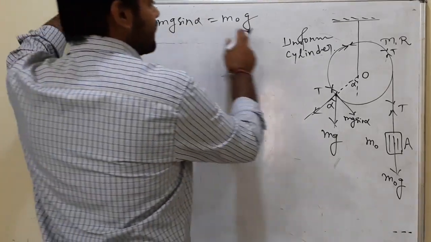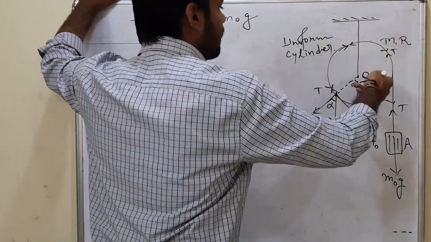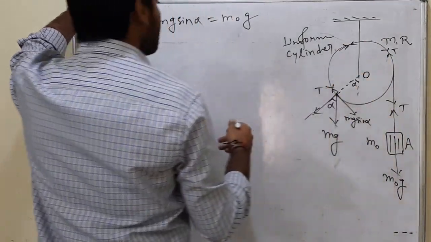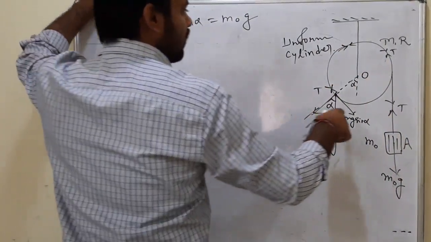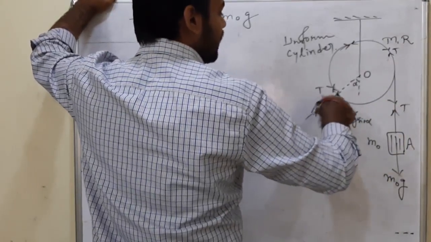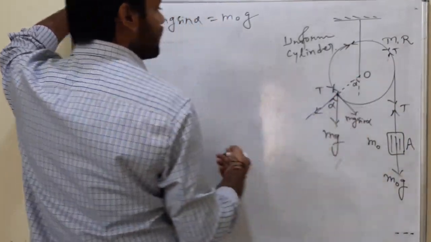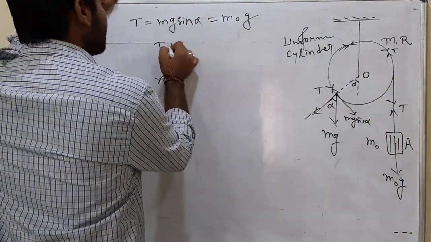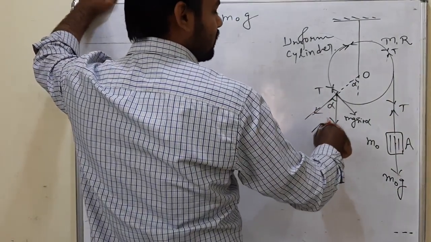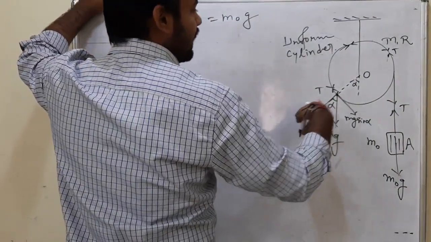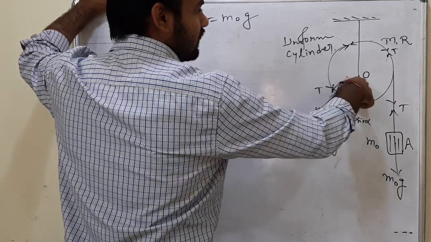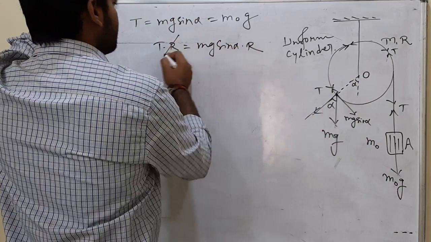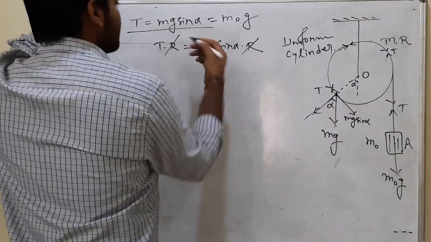You can also write this equation in terms of torque. Initially the net torque about the center of the cylinder is 0, so the torque of this tension and the torque of this weight mg must sum to 0. The torque of tension about the center is T times R. The component along the radius has 0 torque about the center O, and for this one it will be mg sin alpha times R. So this R will cancel out and we get the same expression.